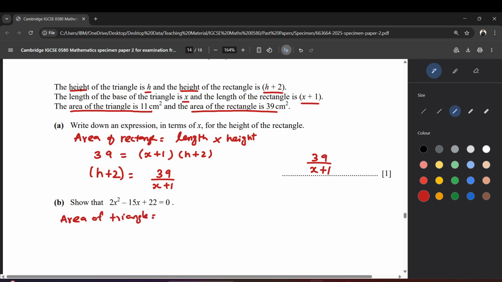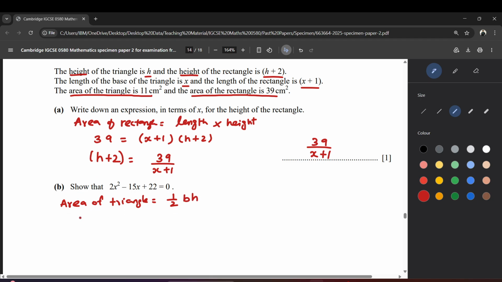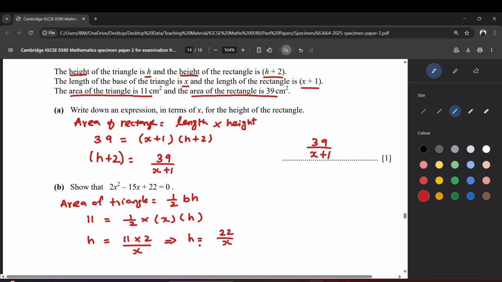Area of triangle is half into base into height. So 11 equals half into x into h. If I make h the subject, 2 goes to the other side, 11 times 2, and x goes in the denominator. So h is equal to 22 upon x.